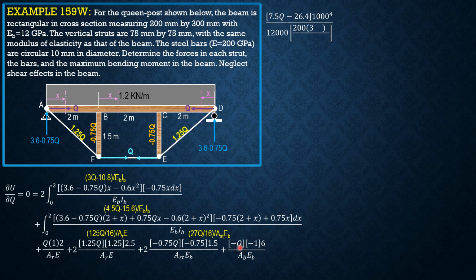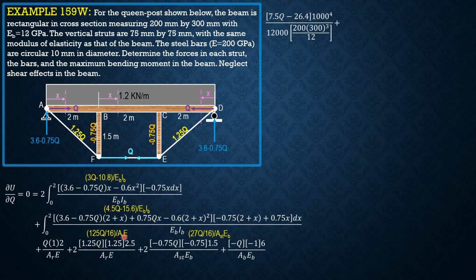This is just 6. So simplifying, we multiply this by 1000. We combine the two, and multiply 1000 to the fourth over E of beam, 12,000 megapascals, moment of inertia, 200 times 300 cubed over 12.